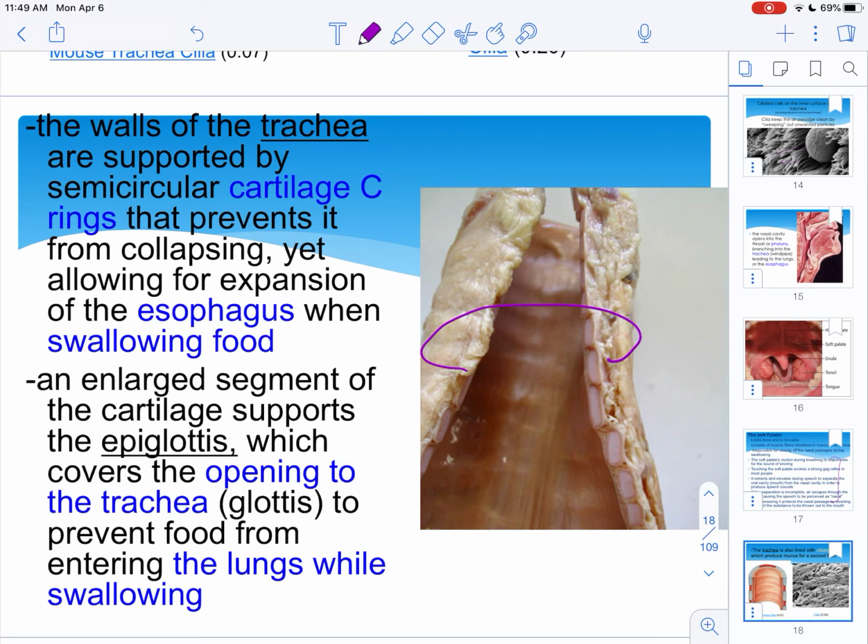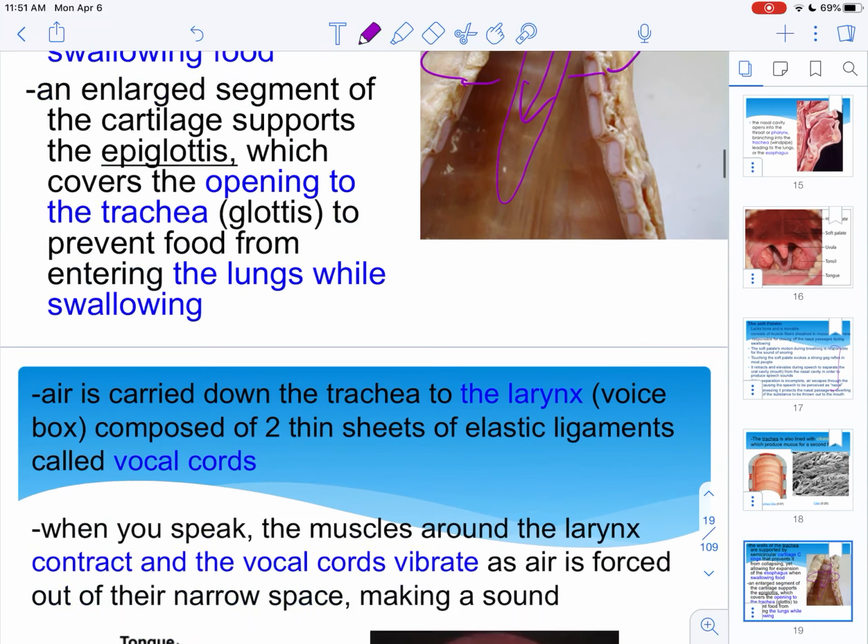One interesting thing is that it is a C because it leaves a space at the back for the esophagus to fill up as food is moving down the esophagus, and the bolus is moving down. So that's why it's got a little space at the back. But in the front, you can feel your own trachea, and it feels like it's got hard rings around it.